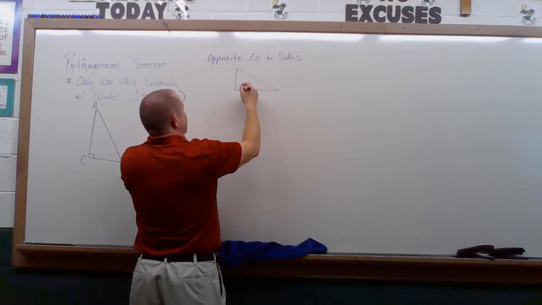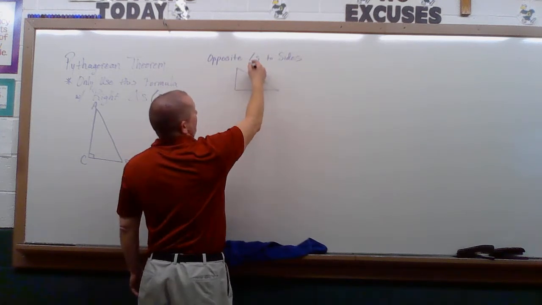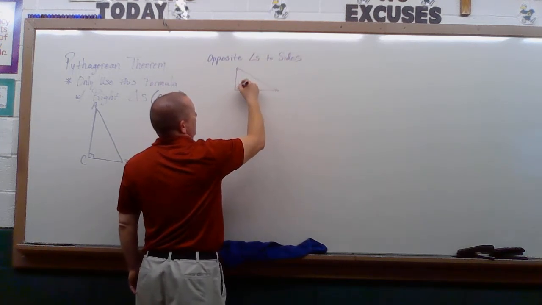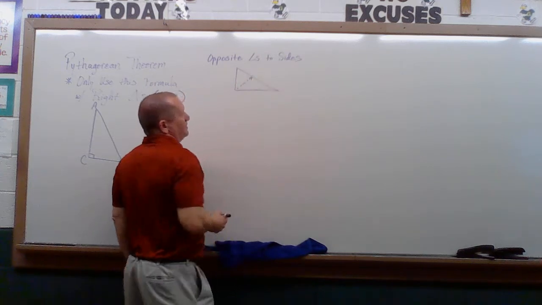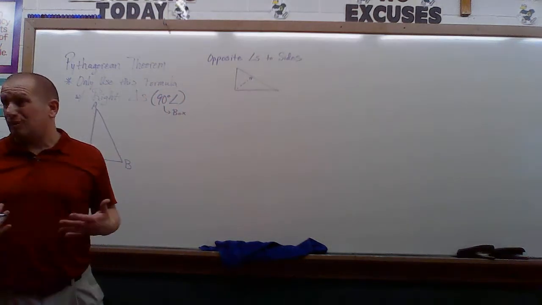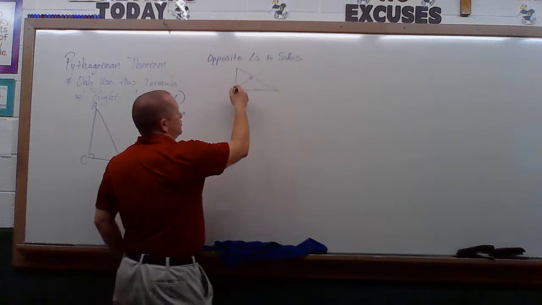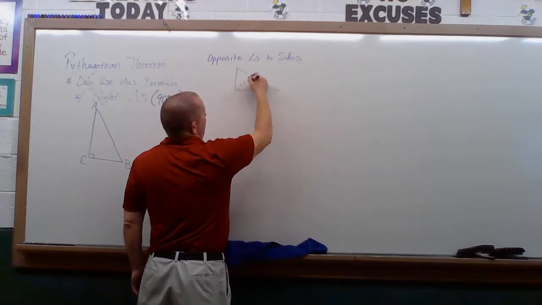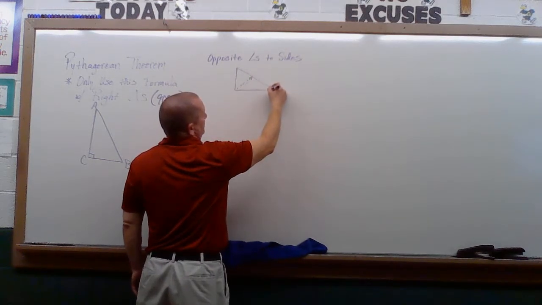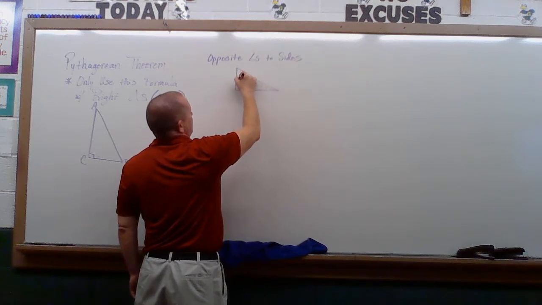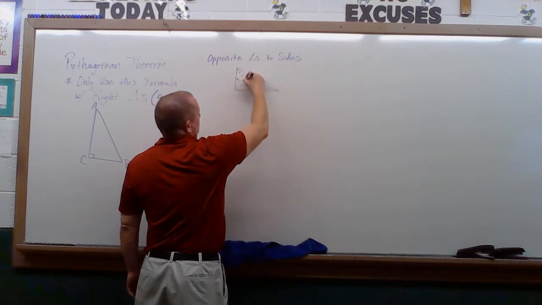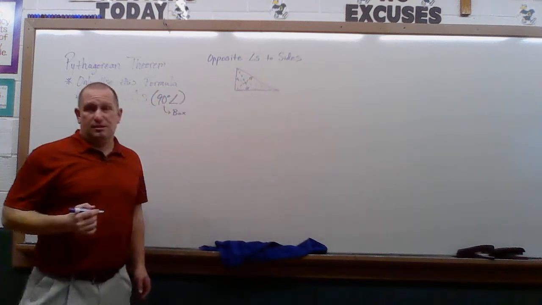But basically what this is saying again is the opposite angle to the sides is the side and angle that are diagonal from each other. That's what opposite means. All right, so this angle down here is opposite of that long side over there. This angle over here is opposite of that one. And this one is opposite to that.